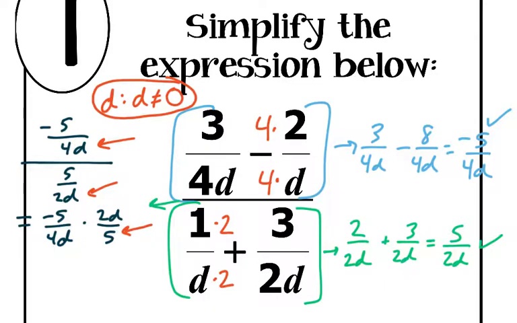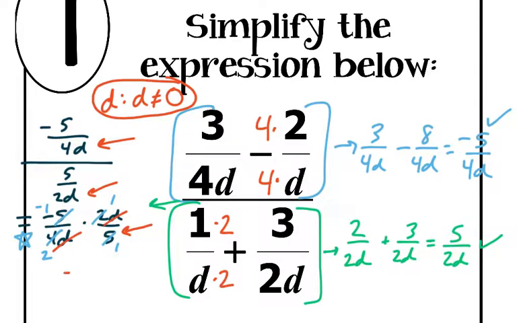Okay, ready? Now, can we go back to our answer down here, and let's go ahead and destroy things. I see numbers. I see 5 and 5. Poof, that is 1, and the negative stays. How about the 2 and the 4? Poof. Poof. Oh, look at those d's. I have one d on top and one on bottom. Bye.